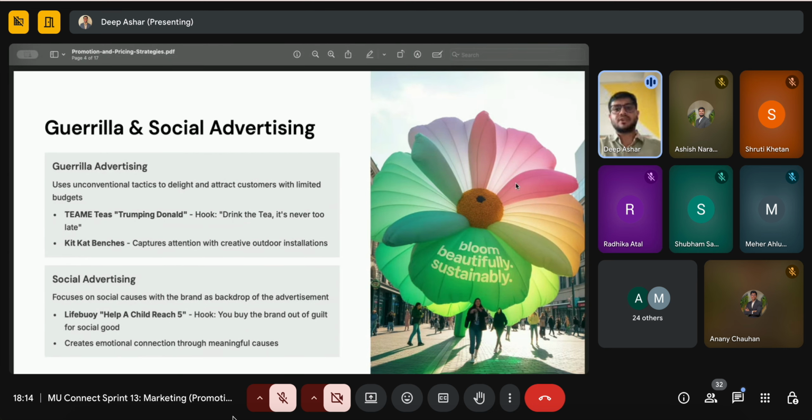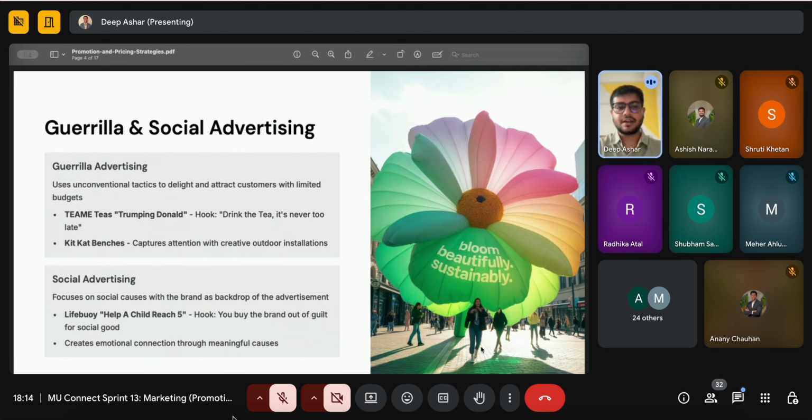Guerrilla advertising is using any kind of unconventional tactic to create delight or attract customers with that particular advertising. For example, if you see this kind of a balloon in a marketplace, it will spark a little bit of curiosity. Okay, what is this, or what brand is doing this, and then you dwell a little deeper to understand what they're trying to communicate.